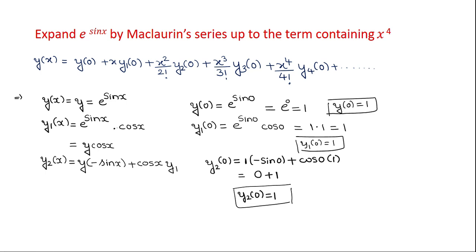We'll go for the third order derivative. So y2 of x is given by minus y sin x plus y1 cos x. So find the third order derivative y3 of x.